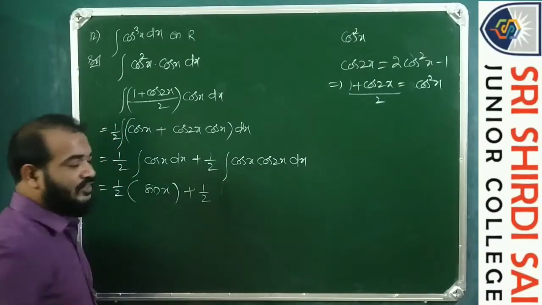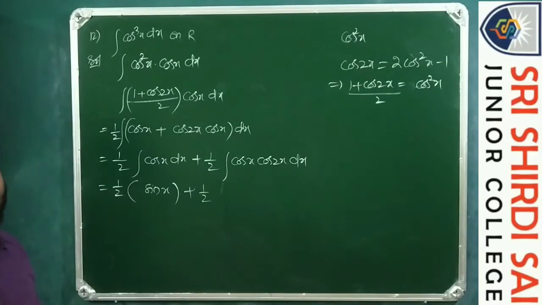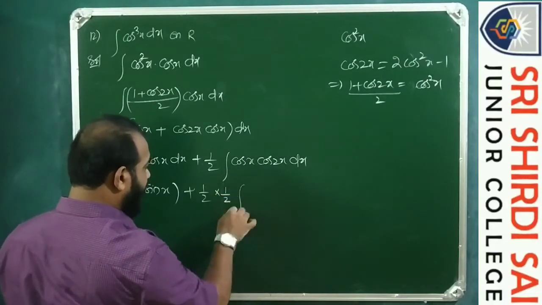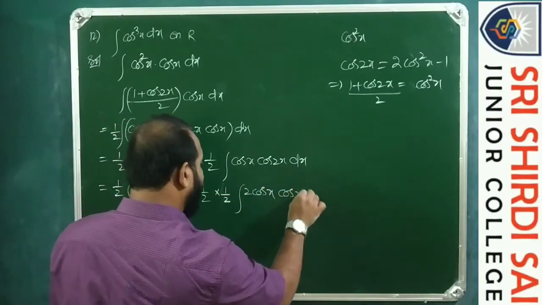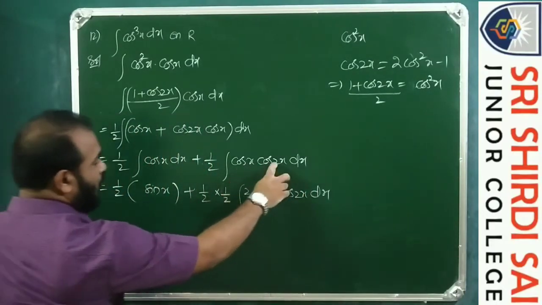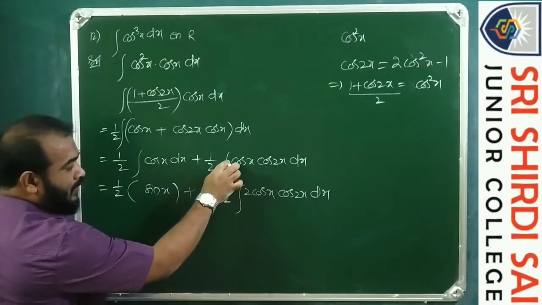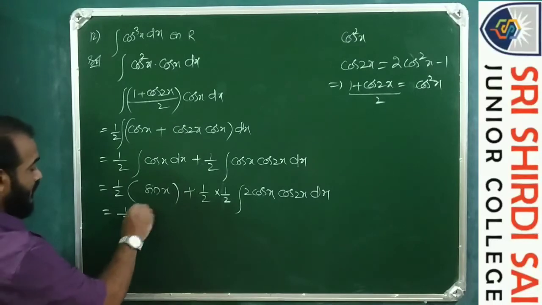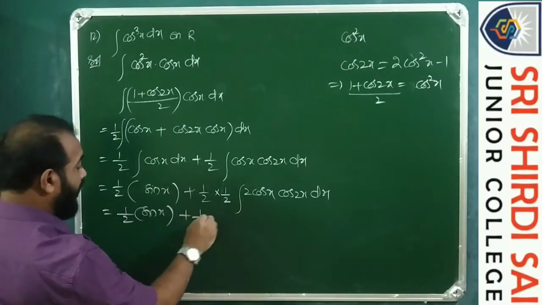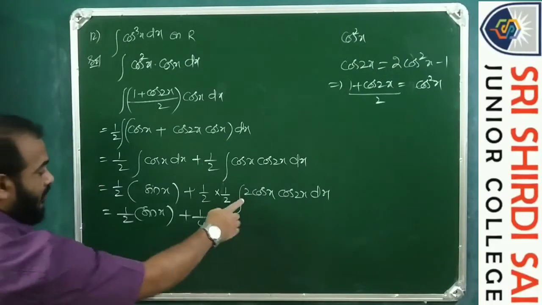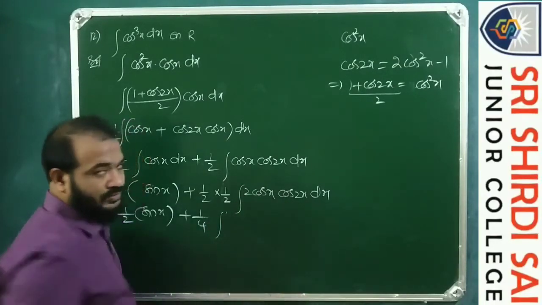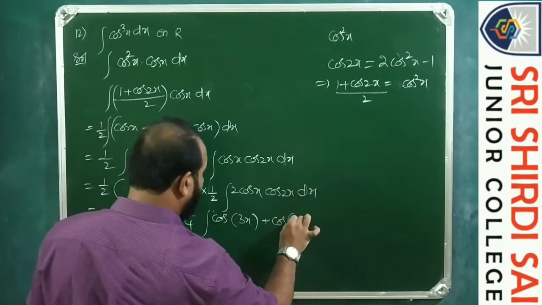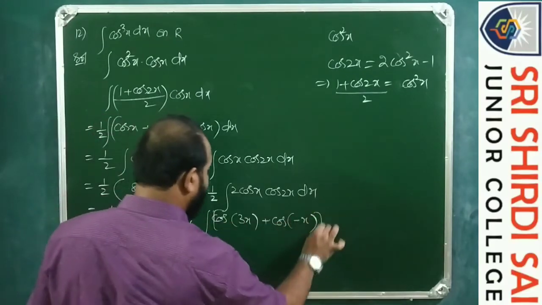So we know the transformation 2 cos a cos b is cos (a plus b) plus cos (a minus b). For which I take 1 by 2 into 2 cos x into cos 2x dx; I have multiplied and divided by 2. So this is equal to 1 by 2 sin x plus 1 by 4 integral of 2 cos a cos b, which is cos (a plus b) plus cos (a minus b).